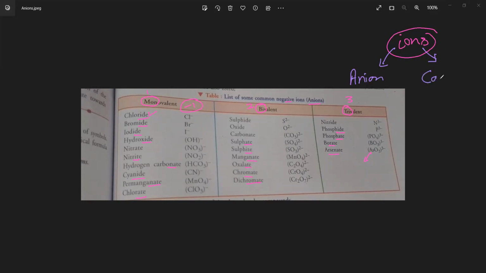The second one is cation: those ions which have a positive charge. Let me show you some examples of cations also. You need to remember all these anions with their respective charges, so write them down in your notebook. Make this list so that learning becomes easy.